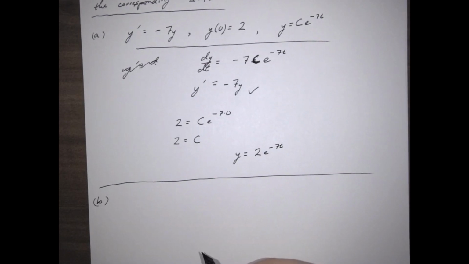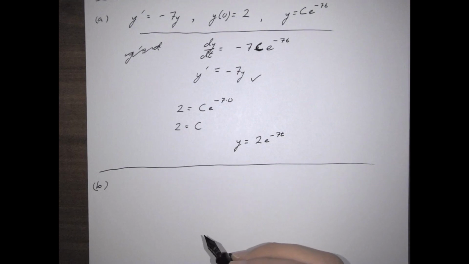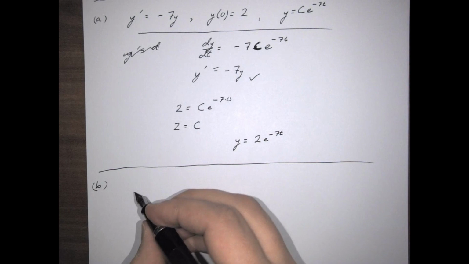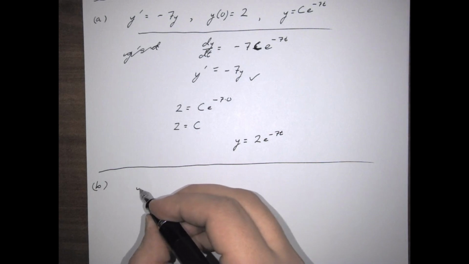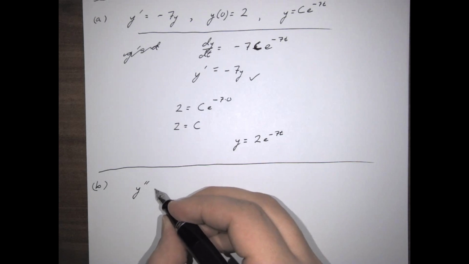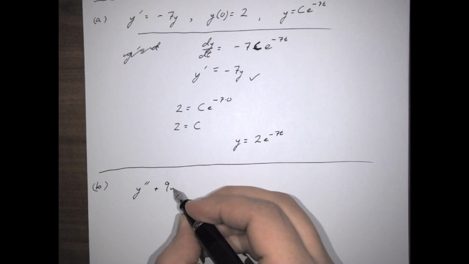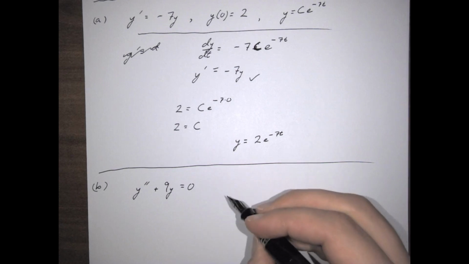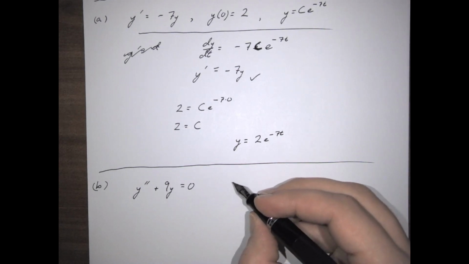Okay, so part B. What we're going to have on this one is going to be a little bit trickier. We're going to have y double prime, so this is second order now, plus 9y is equal to 0. All right, so that's our differential equation.